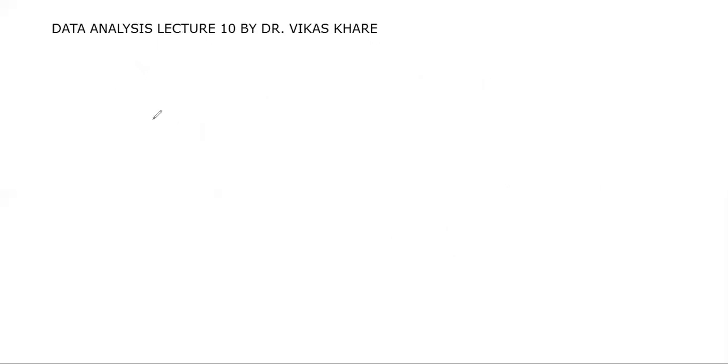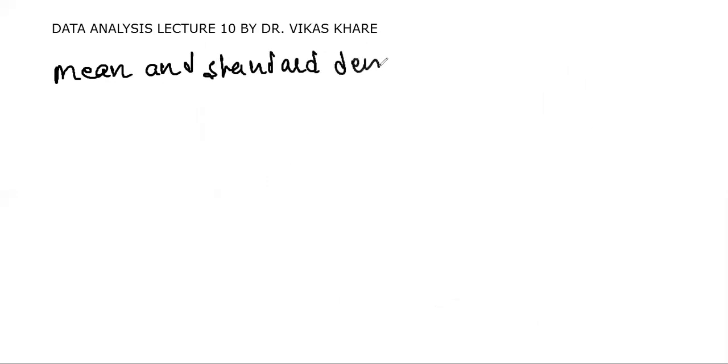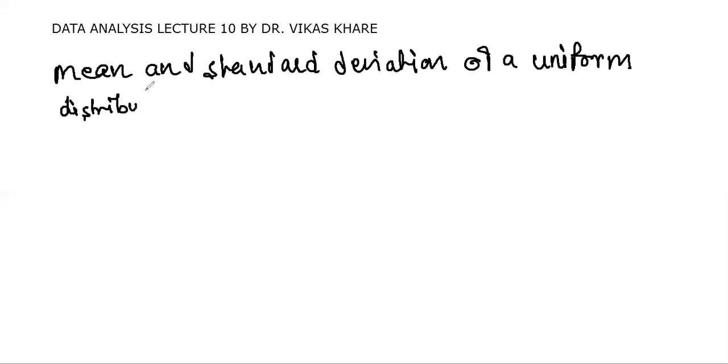Now we identify the mean and standard deviation of a uniform distribution. In our last lectures, we already discussed the basic concept of mean and standard deviation.